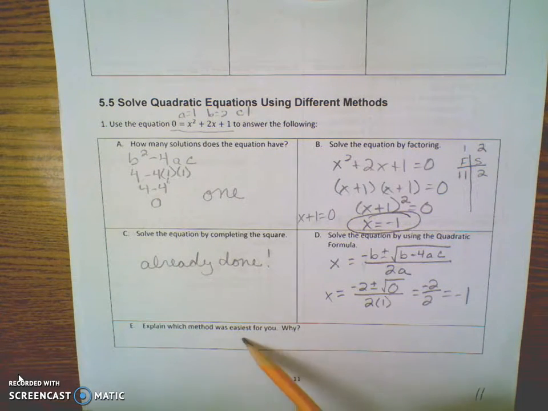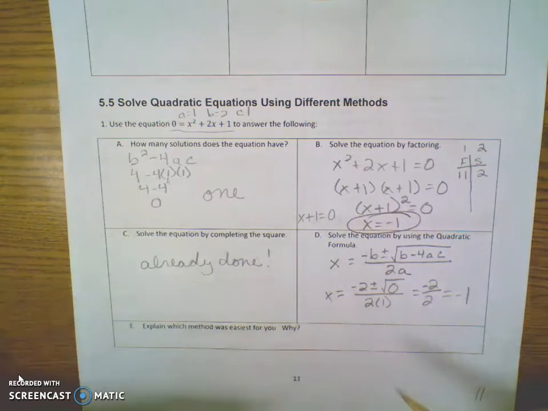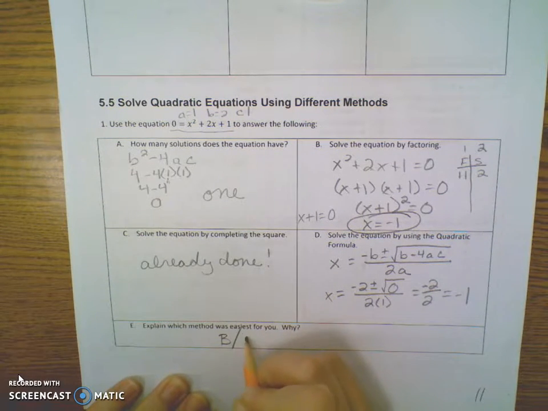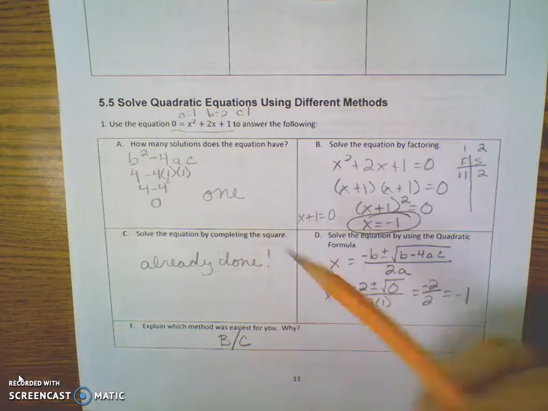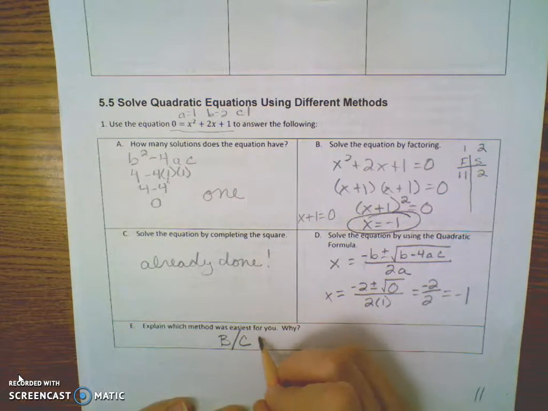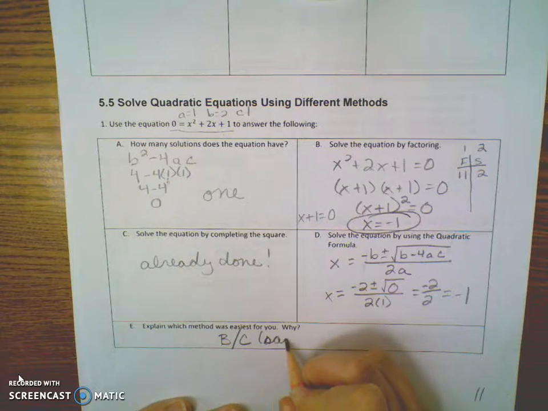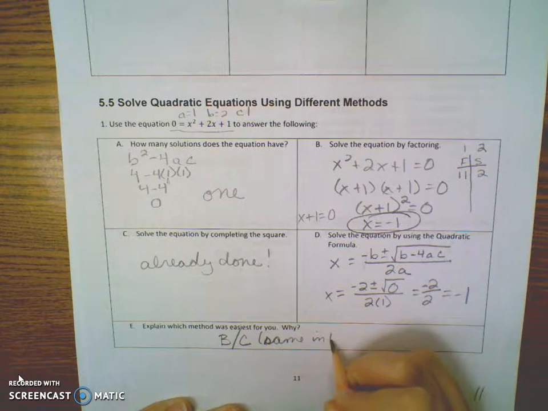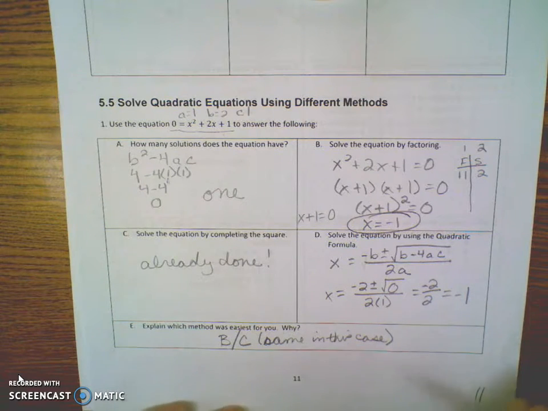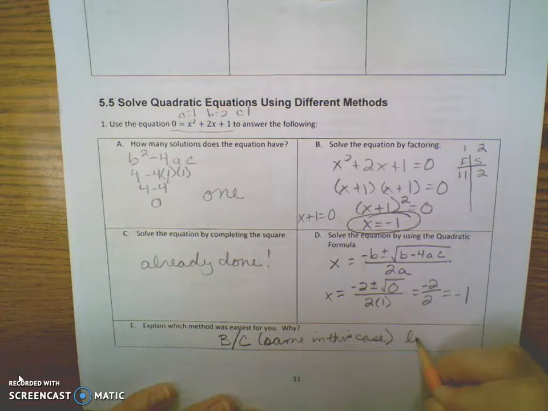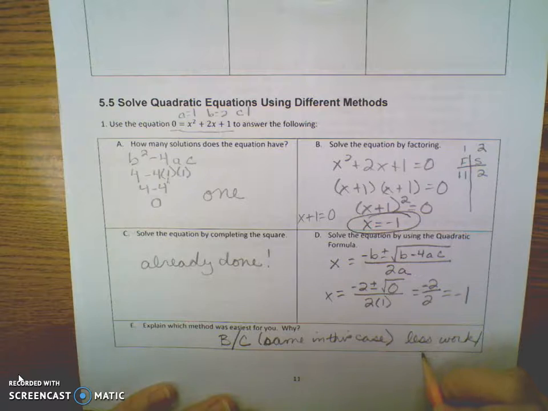So which method was easy for me? I would say B and C, because they're really the same in this case if you recognize that that's a perfect square trinomial. So those are the same in this case, and for me it's less work and less confusing.